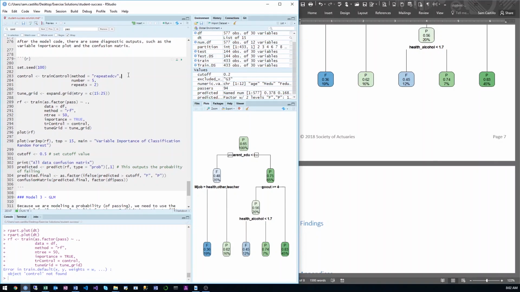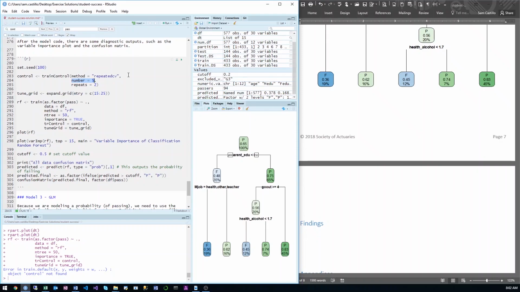And this is using train control. Method is repeated cross-validation. They run cross-validation 5 times, which means that they divide the data set into 5 groups, and they use the first group as the holdout set and the remaining 4 groups as the training data, and then they do that again, where the second group is the test set and the other groups are the training data, and they do this again for each of the 5 groups.